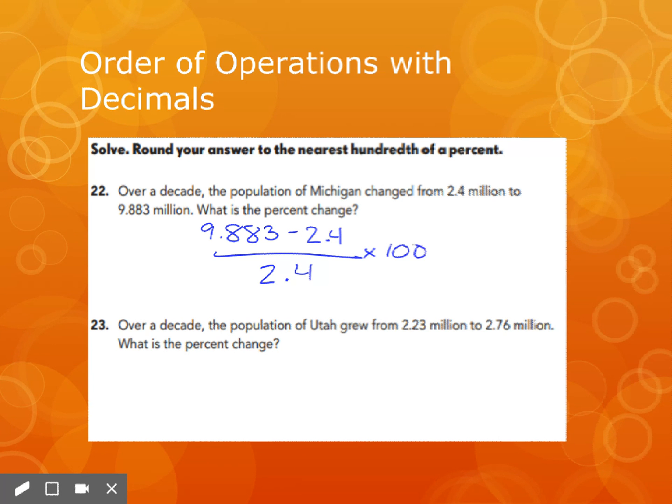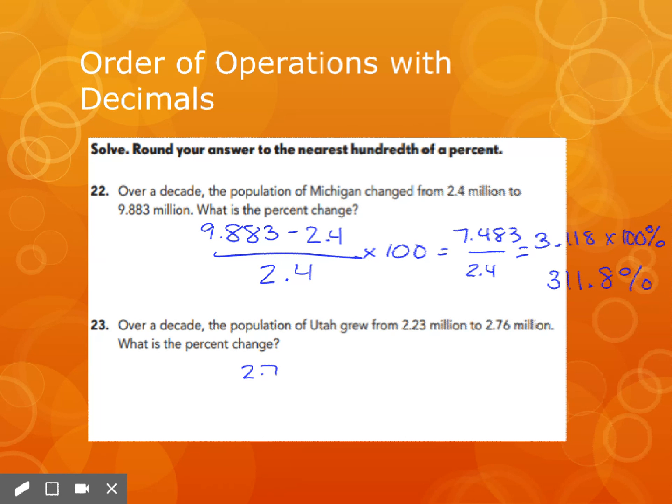So 9.883 minus 2.4 equals 7.483 divided by 2.4. So that's 3.118. I'm rounding here, times 100%. So this would be a 311.8% change.